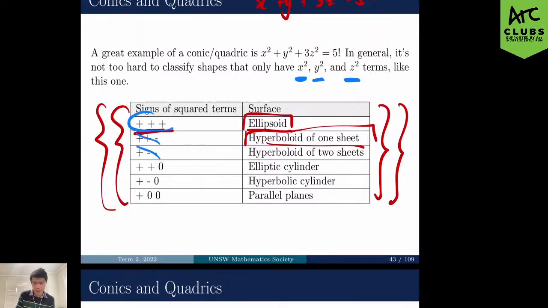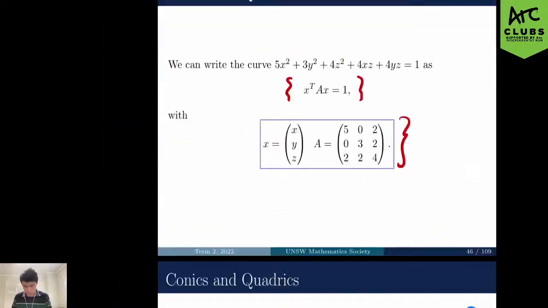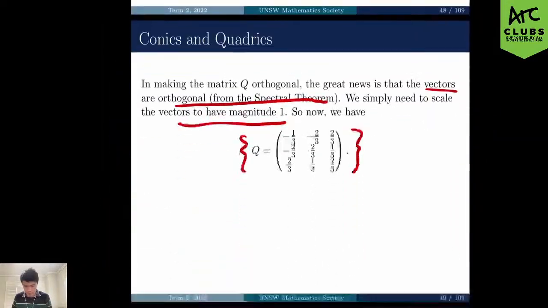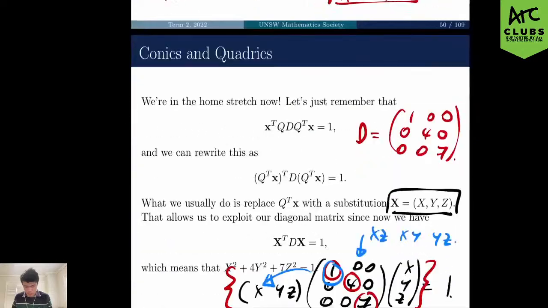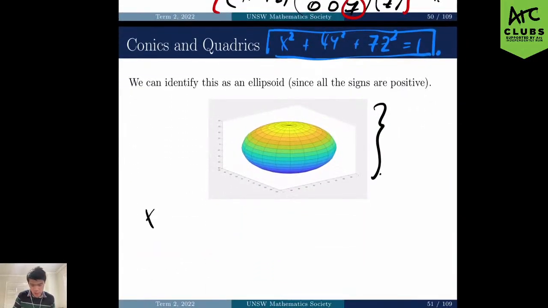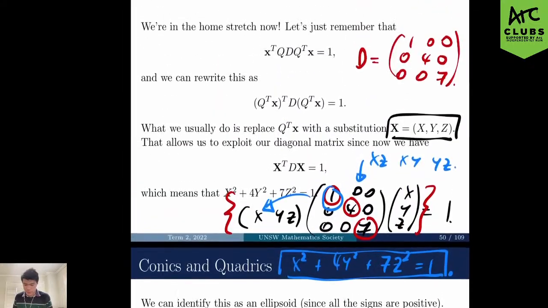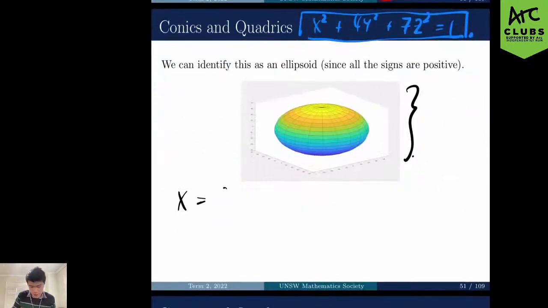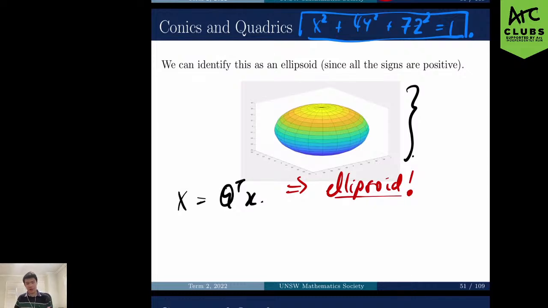It has to be plus, plus, plus: ellipsoid. Okay, so in other words, if we let X equal Q^T x, then we get an ellipsoid. Right, and that means we can identify the shape.